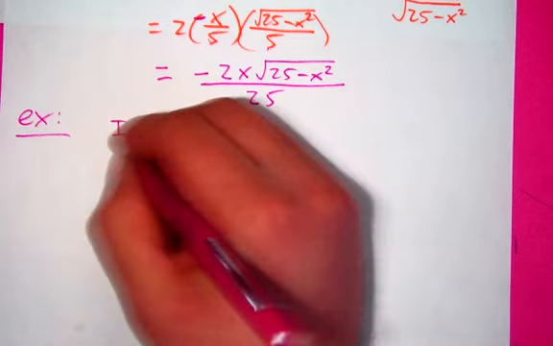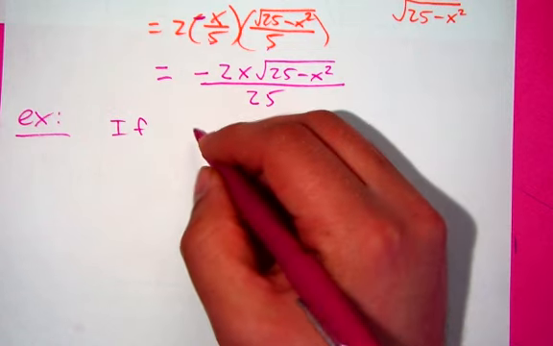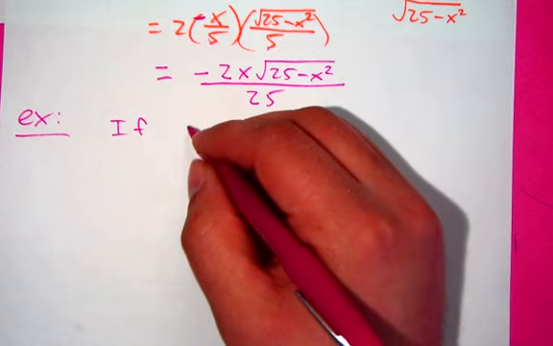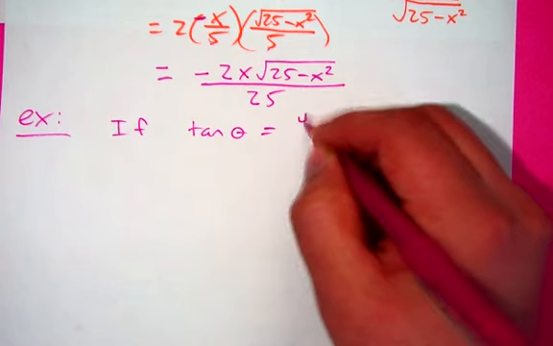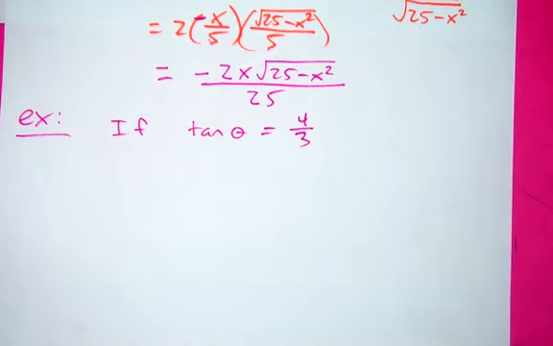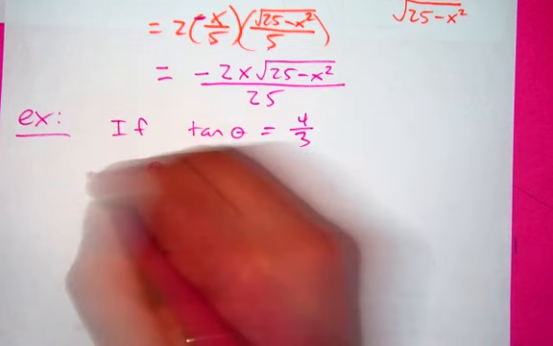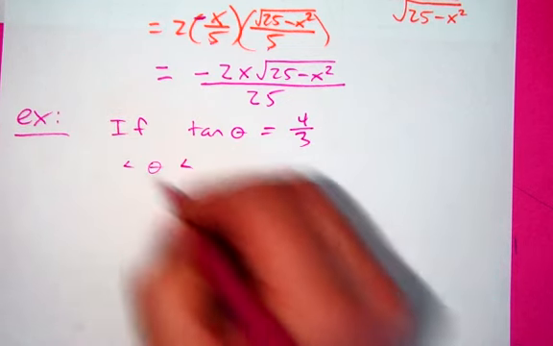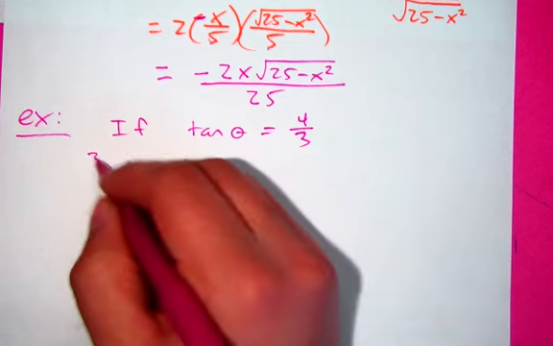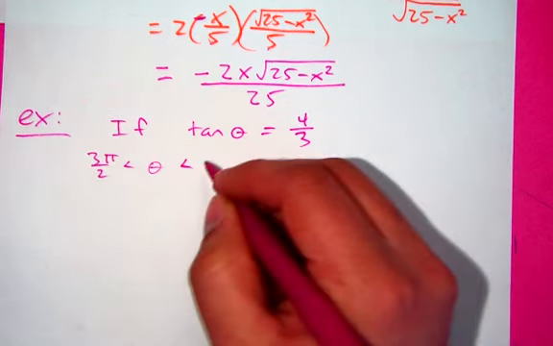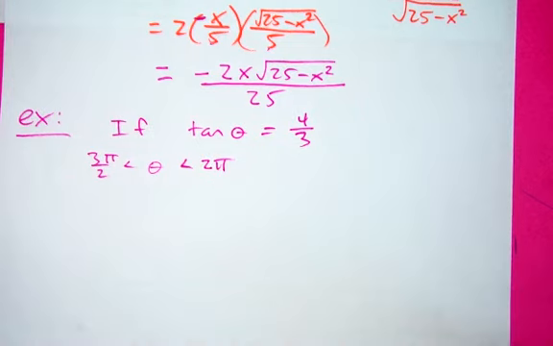If tangent theta equals 4/3 and theta is between, let's go 3 pi over 2, 2 pi again.